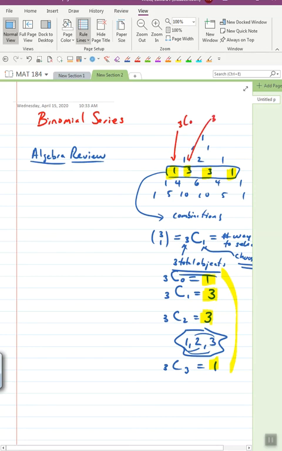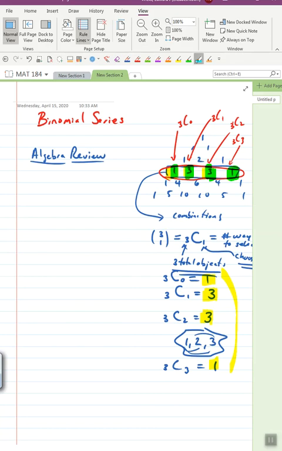This number means 3 choose 1. This is 3 choose 2. This is 3 choose 3. Actually, because of the symmetry of the numbers, I could call this one 3 choose 0, and this one 3 choose 1, and 3 choose 2, and 3 choose 3.